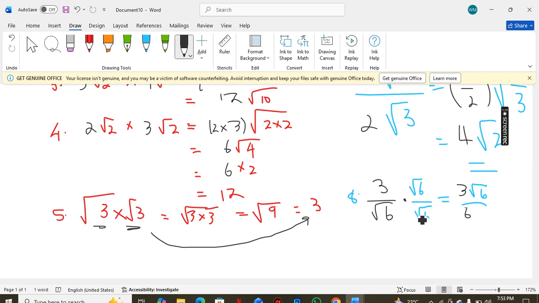Root of 6 times root of 6, you just get 6. And you can simplify this further. 3 into itself is 1, 3 into 6 is 2. So your answer breaks down to the root of 6 over 2.